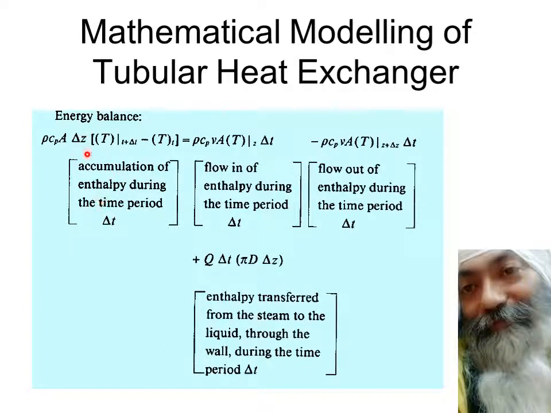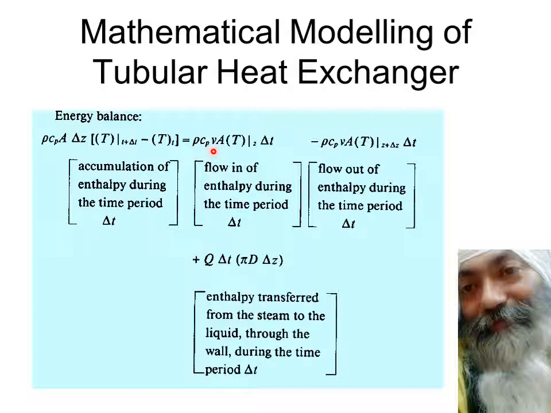This is the first part, and this is equal to, again as I said, something going in, something going out, and something which is transferred from the steam. So what is going in? What's going in at the point z is the amount of enthalpy going in, which is the flow rate.